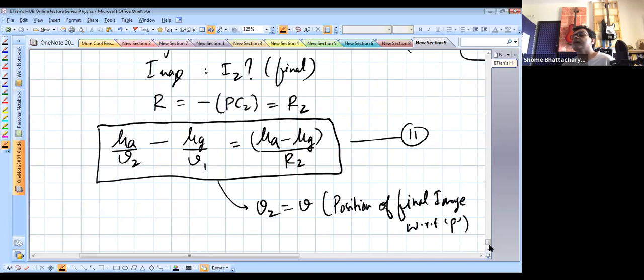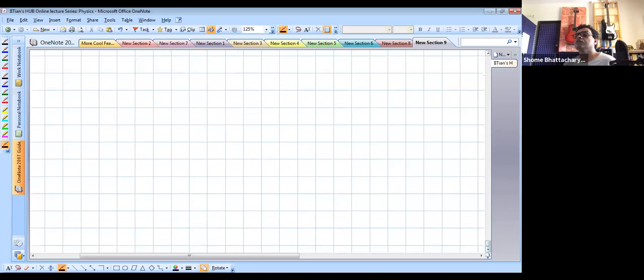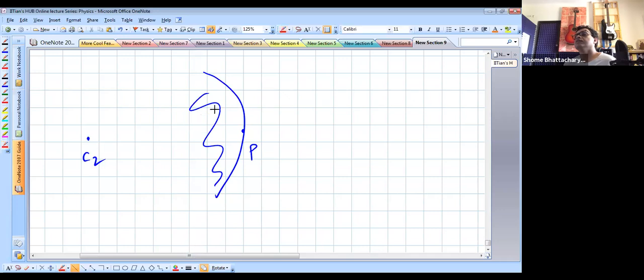Okay. So the diagram that is catering to this now is actually this one. We have this surface whose center is somewhere here. Pole is this. Okay. And on this we had the incident rays, which are actually like this.